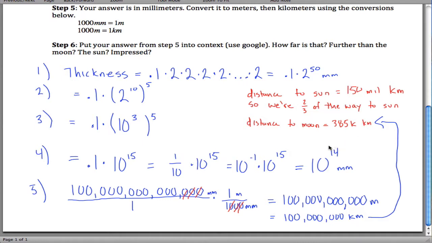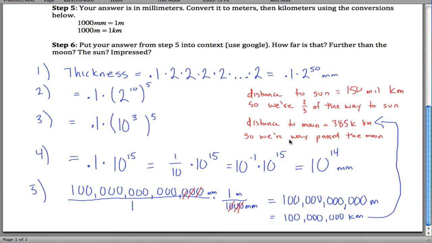So we're way past the moon. If we are 100 million kilometers, 3 times the distance to the moon would be about 1,000,000 kilometers. So we're roughly 300 times past the moon, whatever. We're way past the moon.